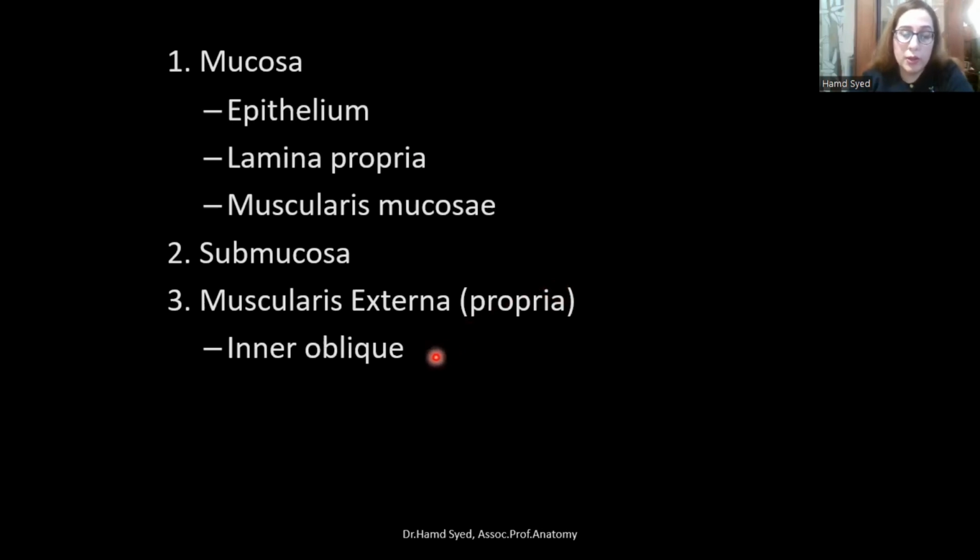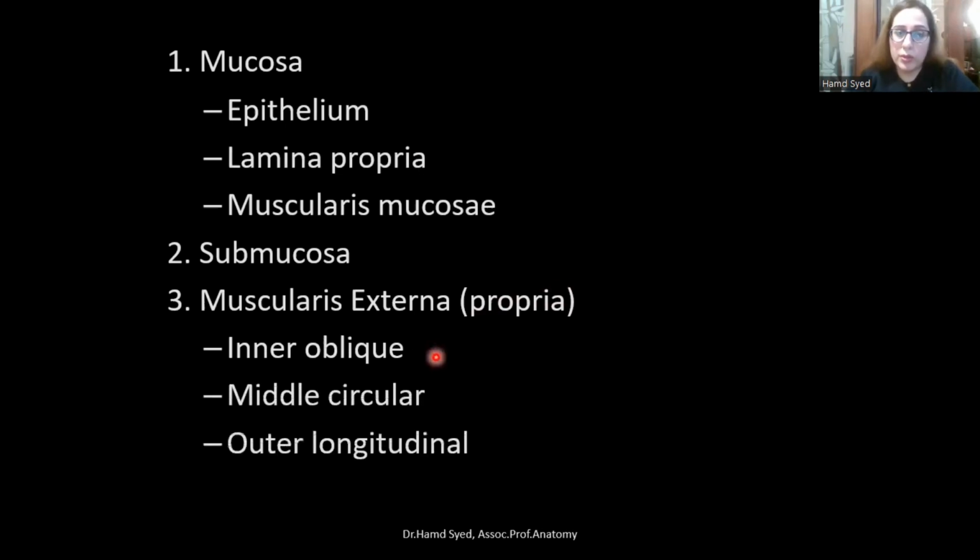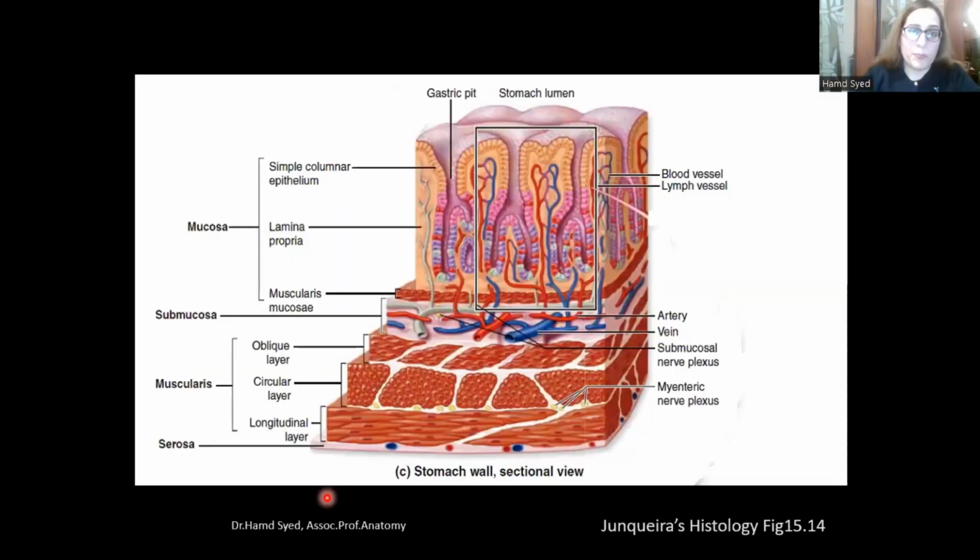Based on the direction of these muscle fibers, there is an inner oblique layer, a middle circular layer, and an outer longitudinal layer. Then the most external one, in case of the stomach, is the serosa, which is, you could see, a thin lining of squamous cells, the flattened cells supported by delicate connective tissue.